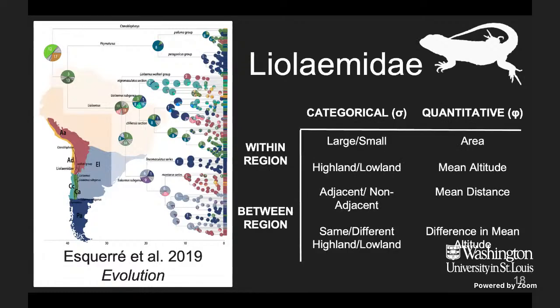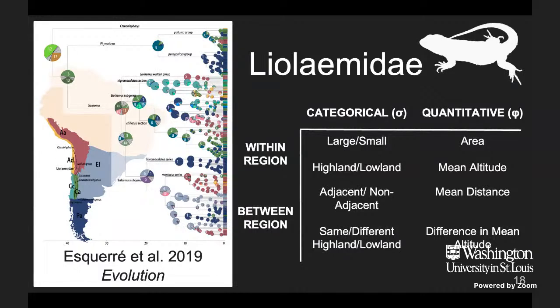So I looked at a set of 8 environmental features that I thought might be important for diversification and dispersal in Leolaemidae. I looked at region areas, so that's the actual numerical sizes of regions and also a large-small categorization, and whether that would affect rates of speciation and extinction. I looked at region altitudes, so mean altitudes and a highland-lowland classification, and whether they would affect rates of speciation and extinction.